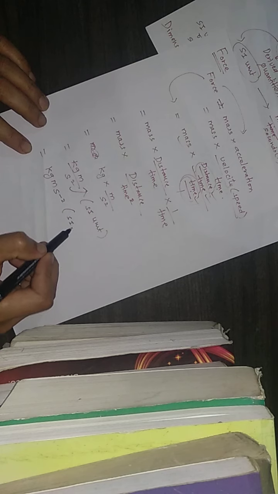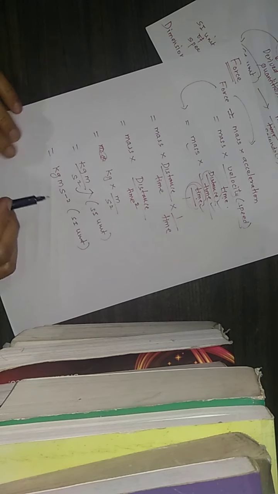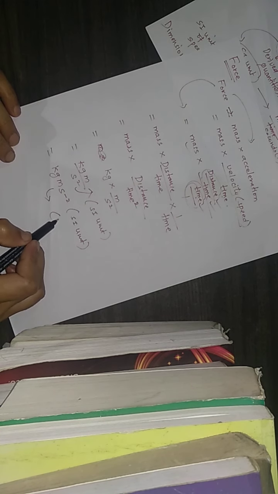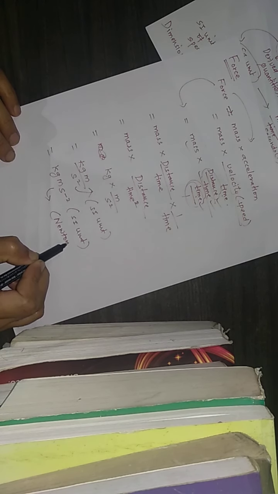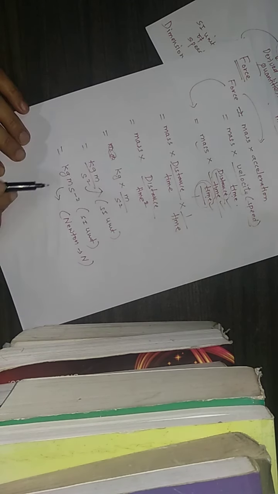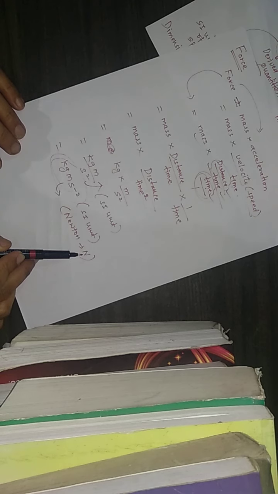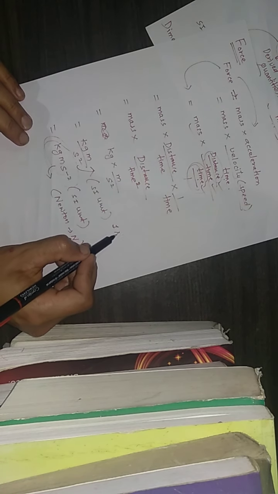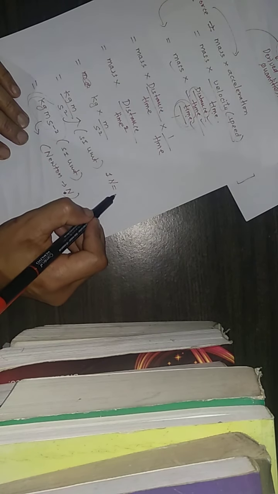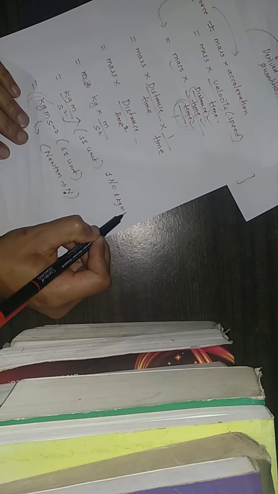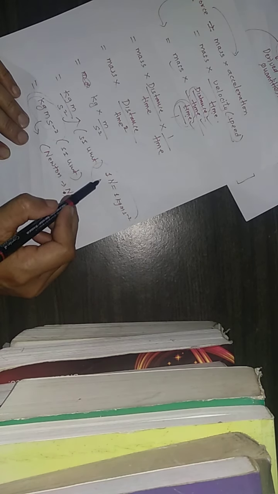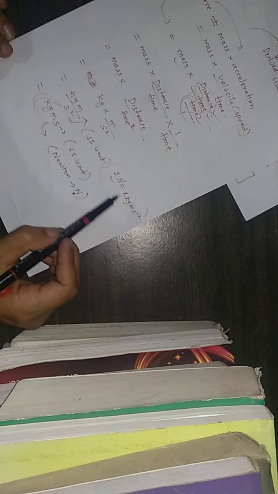So force can be written as kg meter second inverse 2, which is also known as Newton. So Newton is the SI unit for force. 1 Newton is 1 kg meter second minus 2.